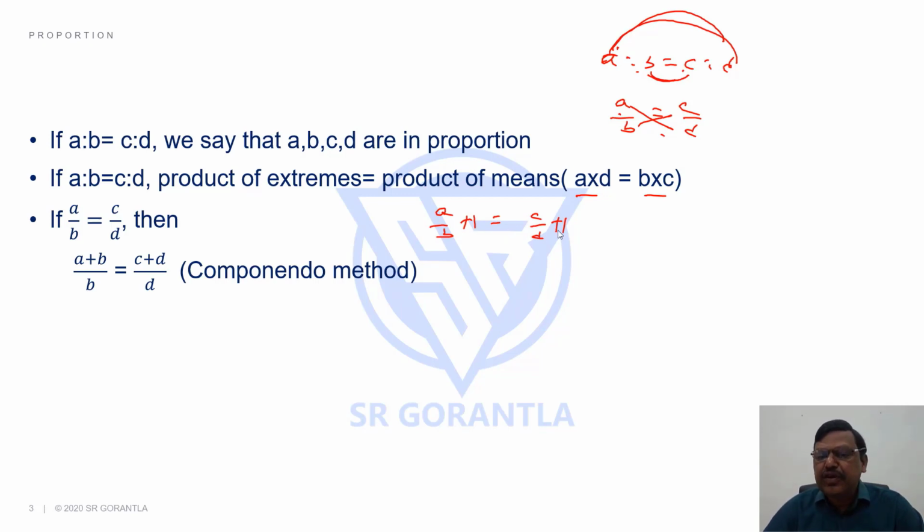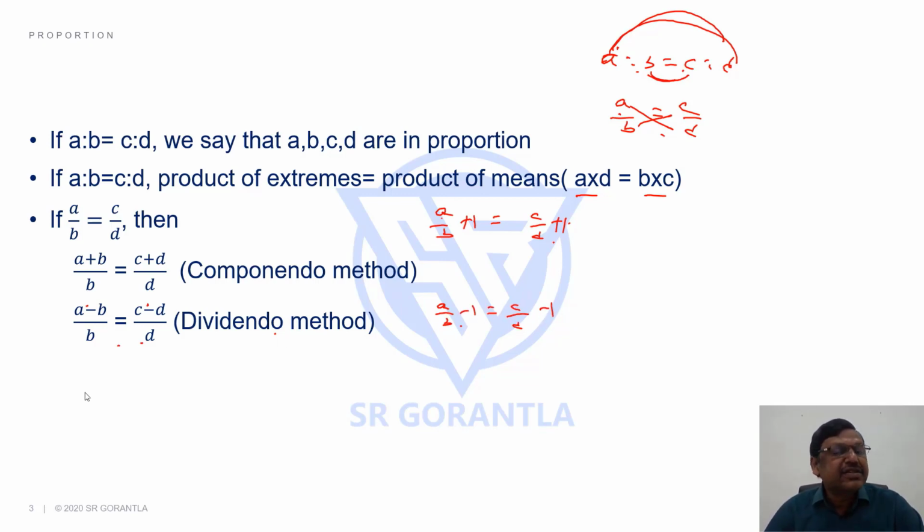So I am adding 1 to both sides. When you simplify, you will get A plus B by B equals C plus D by D. Suppose you subtract 1, you will get A minus B by B equals C minus D by D. That is called dividendo method. So A by B equals C by D, and by subtracting 1 on both sides, we get this.